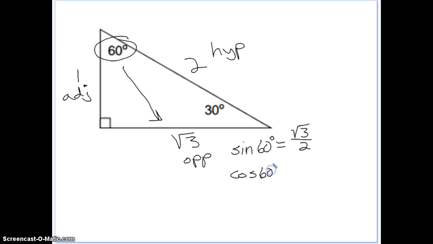Cosine of 60 degrees is the adjacent over the hypotenuse, so it is 1 over 2. And the tangent of 60 degrees is opposite over adjacent, so the square root of 3 over 1, which is just the square root of 3.